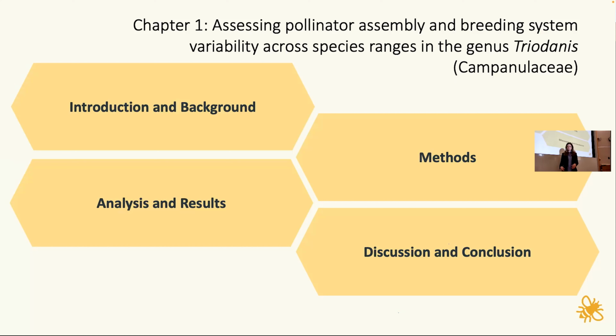So in the introduction and background, we're going to just introduce reproduction in flowering plants, because it's really awesome. We're then going to talk about some of the pressures on these interactions, both contemporary and past. And then we're going to look at some of what we know about the natural history of Triodanis and what makes it a really awesome system when you're looking at reproductive strategies in flowering plants.